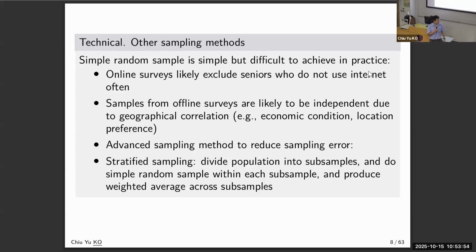Then you have to figure out some way to do it. Suppose you want to do an online sample, then probably you also have to do some offline as well. If you do it in CUHK, then you also want to do it at HKU, CityU, or other schools in Hong Kong if you care about higher education. So that is something you have to keep in mind.